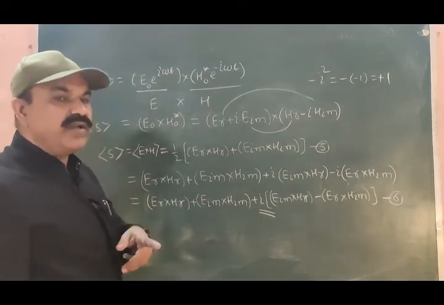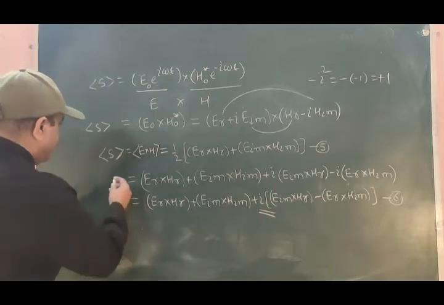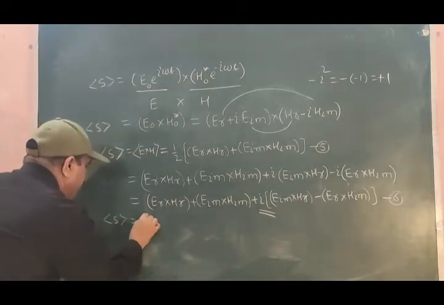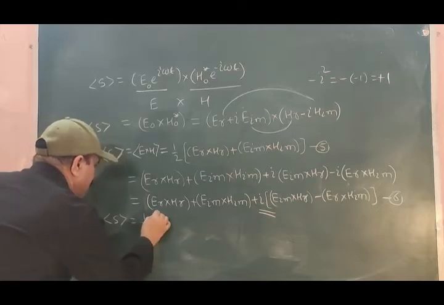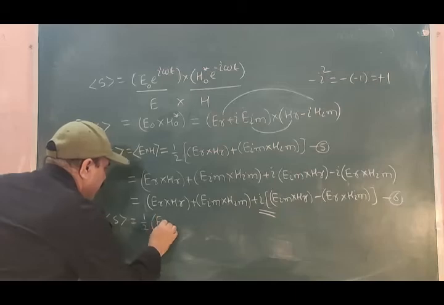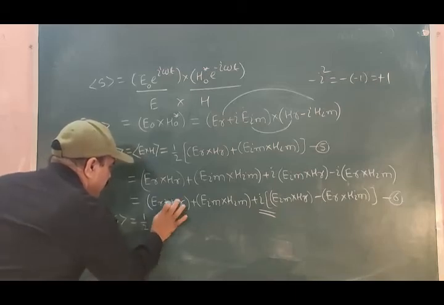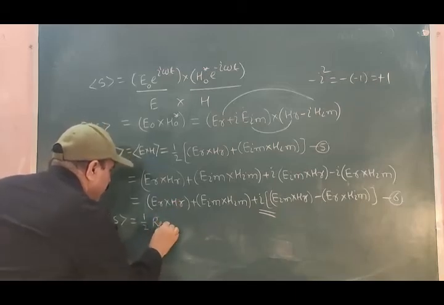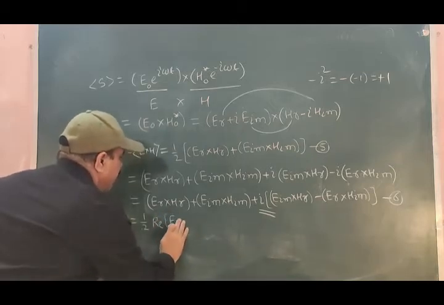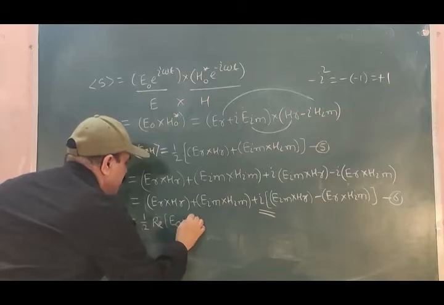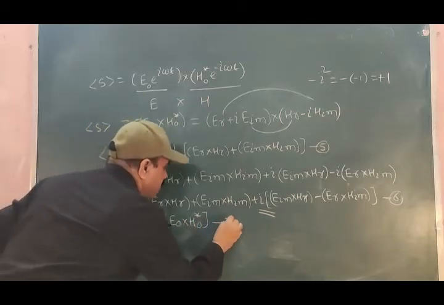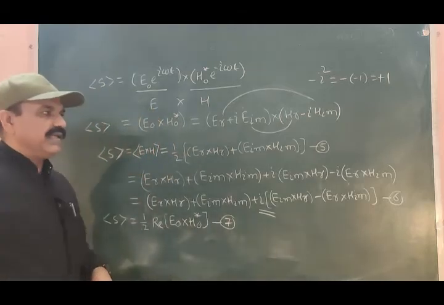And therefore, in terms of complex conjugate, the time average value of S may be written simply as 1 by 2 times the real part of E0 cross H0 star, equation 7.